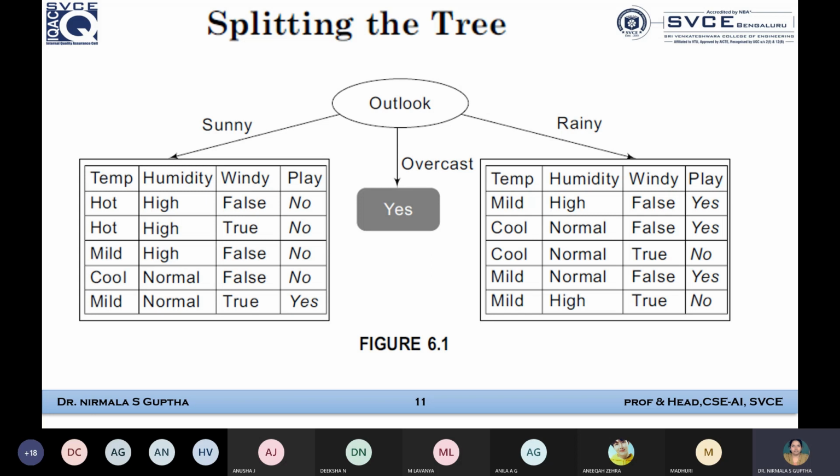Now hot gives no, because there are two rows with a hot temperature value and the play column value is giving the answer as no, correct? So the first rule is hot gives no. Then what is the next value under the temperature? Mild. Mild gives what? See the corresponding value from the play.